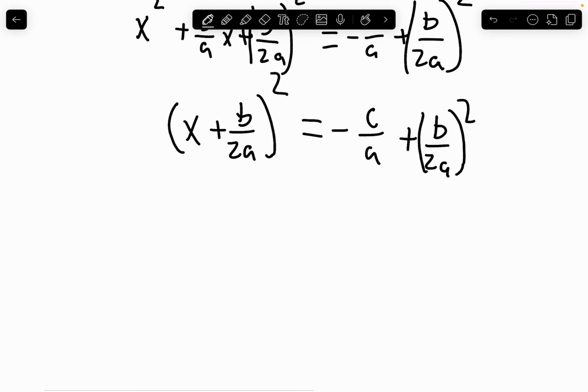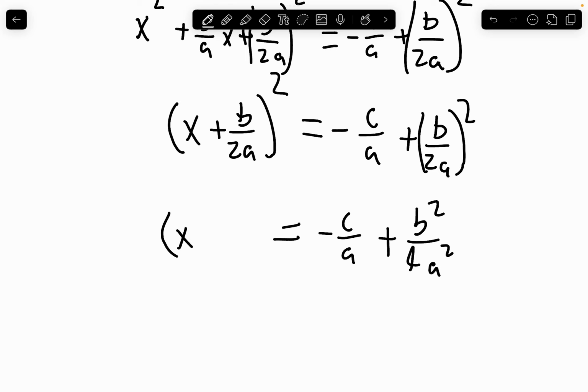Now what we can do is have our right side be the opposite of c over a, plus b squared over 4a squared. I will rewrite the other side.